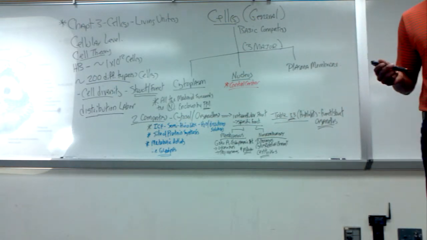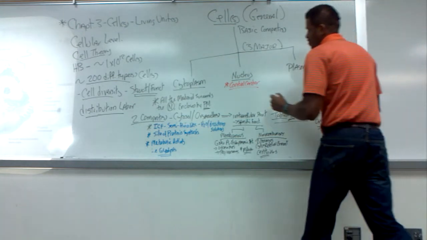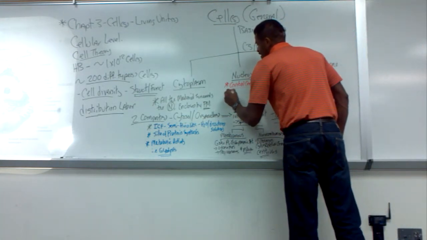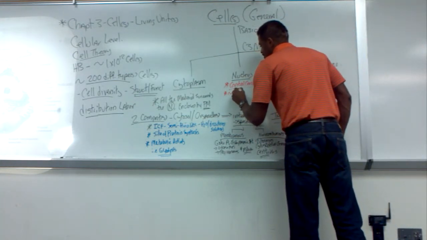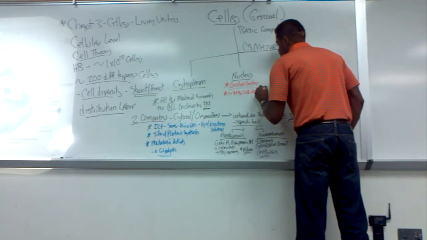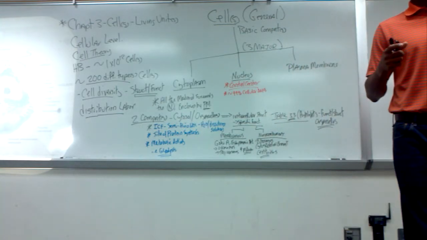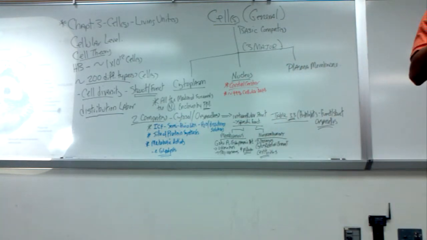Because it houses what? Most of the what? Cellular DNA. So the nucleus is associated with approximately 99% of the cellular DNA, and by housing most of the DNA of the cell, it will be able to direct the synthesis of the proteins that the cell makes.